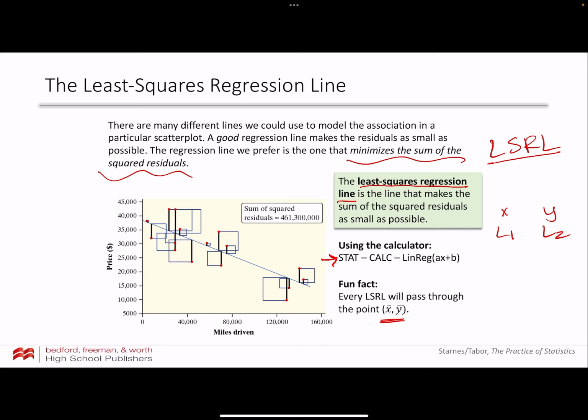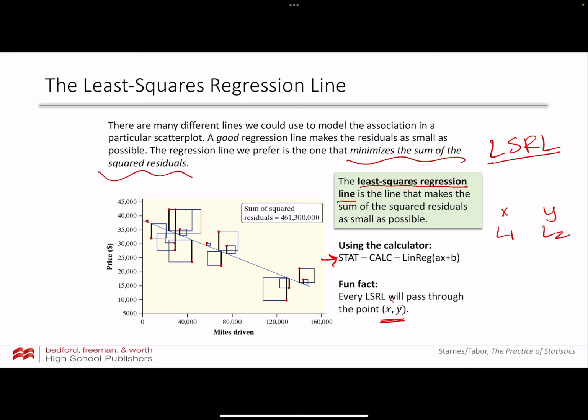So let's take a second to break this down. When I say x bar, y bar, what I mean is I would take all of these red points, and I would just look at the x values, just the number of miles driven. I'm going to ignore price.